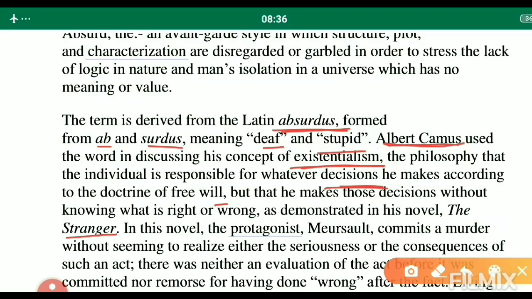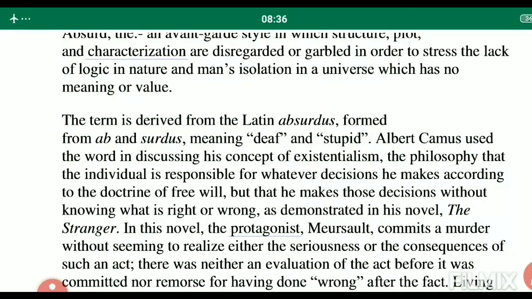So, the philosophy is that the individual is responsible for whatever decisions he makes according to the doctrine of free will. As we all have the right to decide whatever we want according to our free will, here he said that the individual is responsible for whatever decisions he makes according to the doctrine of free will.